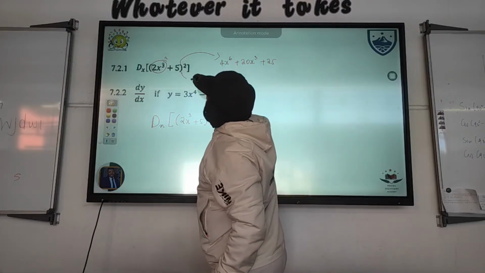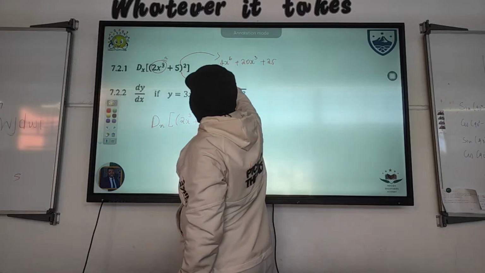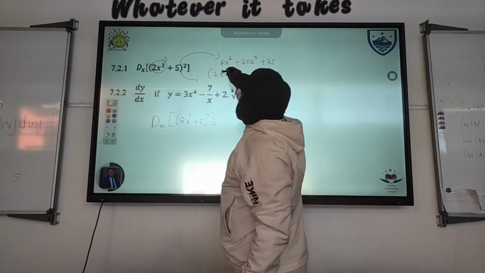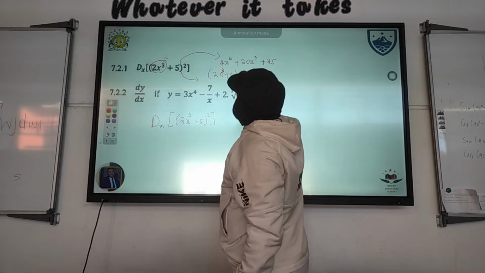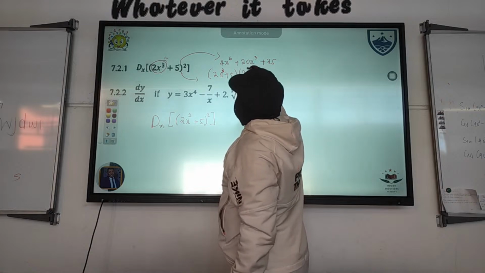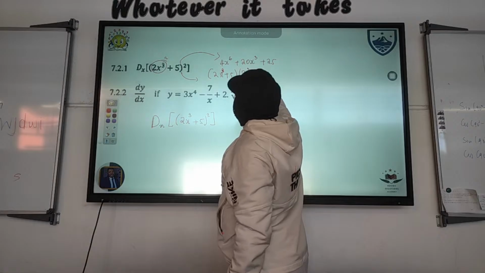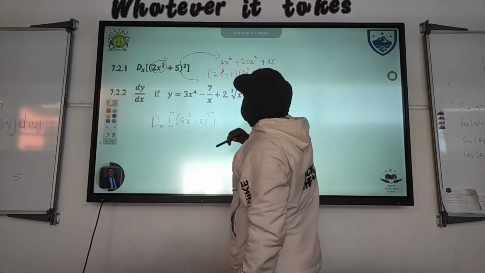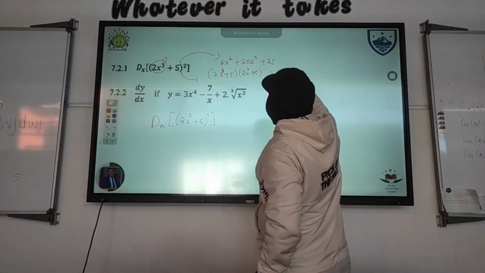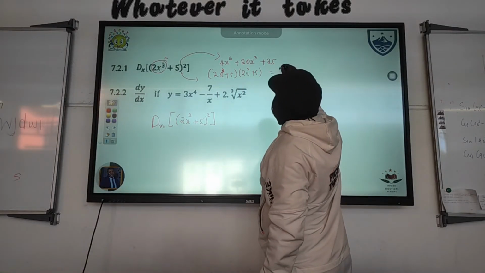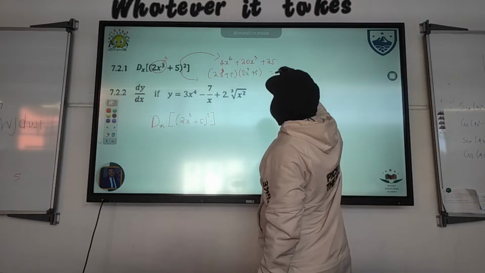If you still have trust issues, this is the same as 2x to the power of 3 plus 5 times 2x to the power of 3 plus 5. Open both brackets, use the FOIL method. When you multiply this by that, it will give you 4x to the power of 6.